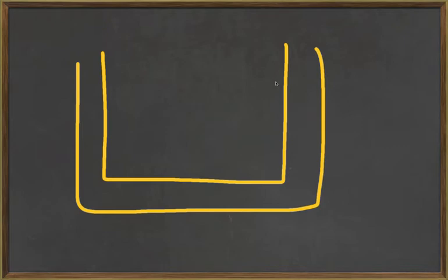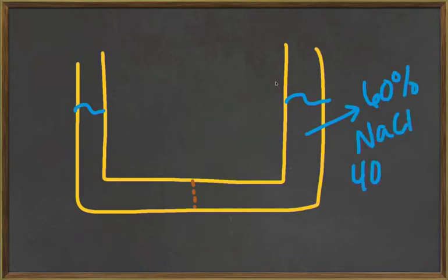Still got my semi-permeable membrane, and I'm going to have two different solutions in my U-tube. One over here, one over here. A hypertonic solution means that I have more salt, more sugar than my water. So say on this side I had 60% NaCl and I have 40% H2O. I have a hypertonic solution. This is considered to be the hyper.